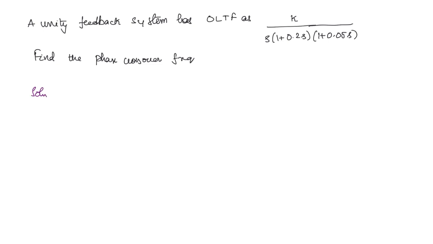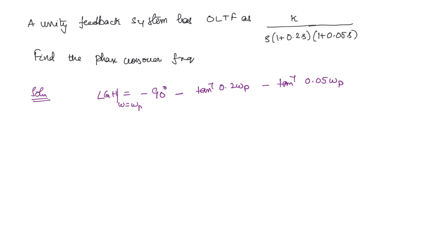Okay. So we will write down the expression for phase. Angle GH is given by minus 90 degrees minus tan inverse 0.2 omega p, since we want the phase crossover frequency, minus tan inverse 0.05 omega p.